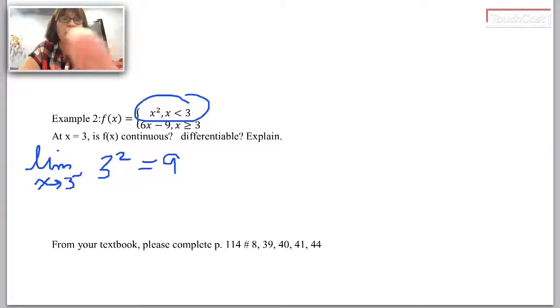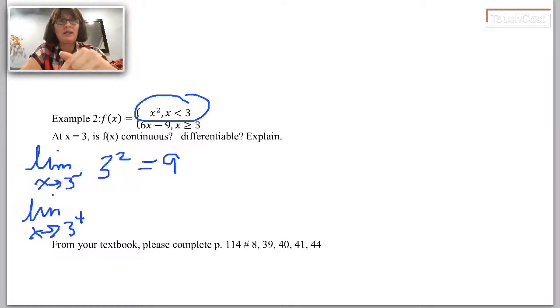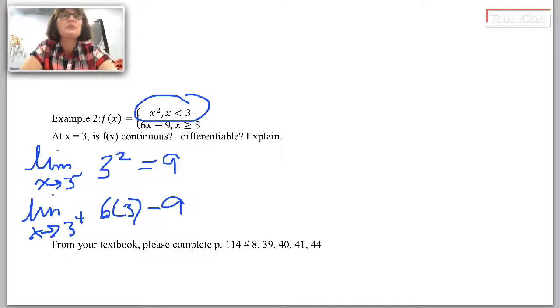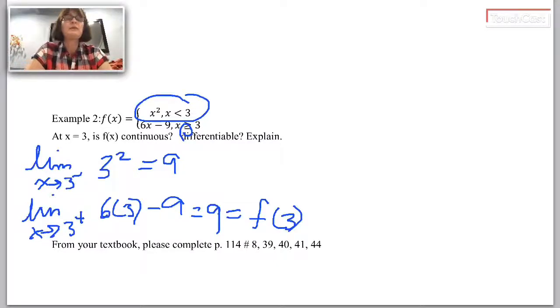And from the right, the limit as x approaches 3 from the right, it's going to be 6x minus 9 with the x replaced by 3. That's 6 times 3 minus 9. So 6 times 3, 18 minus 9 is 9. And this also happens to equal f of 3 because of my or equal to symbol down there.